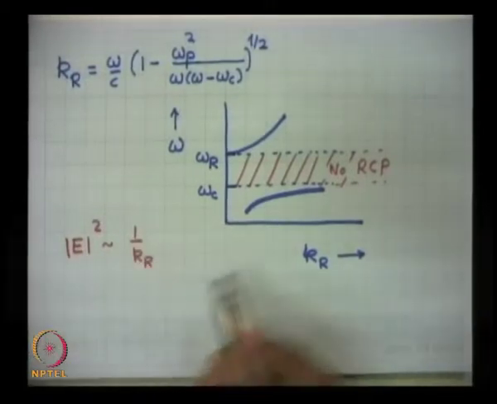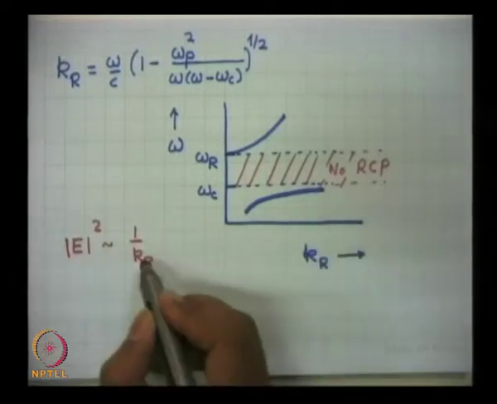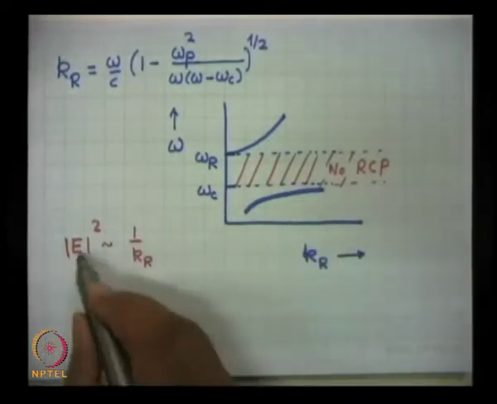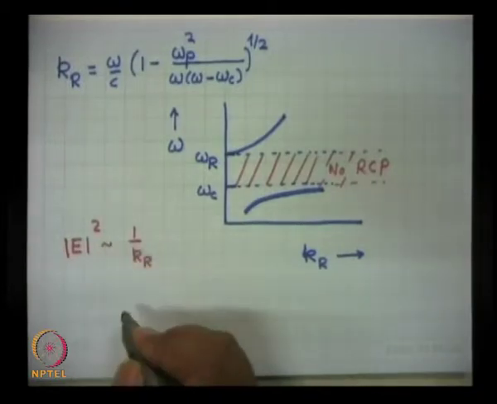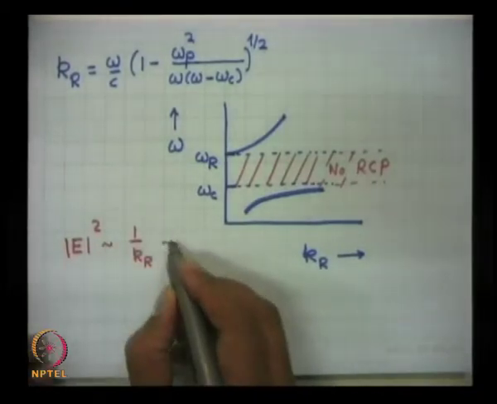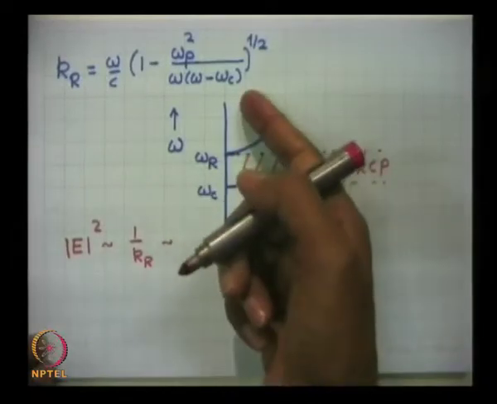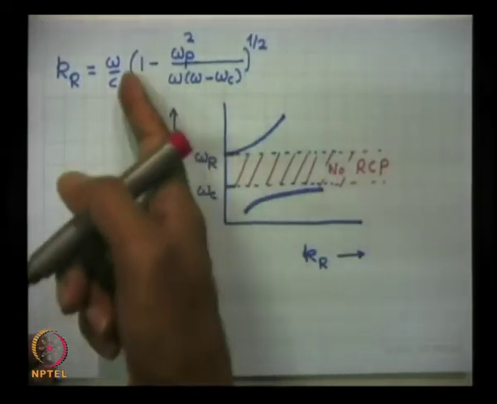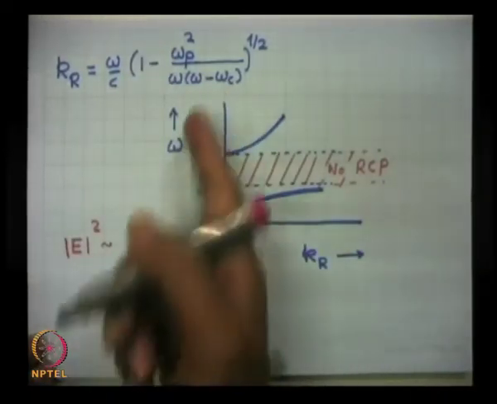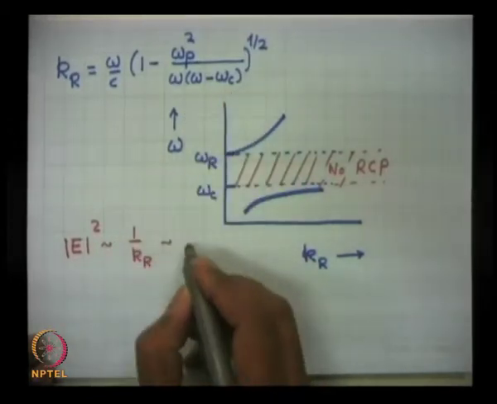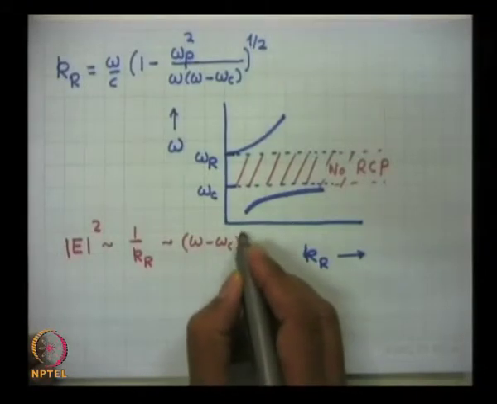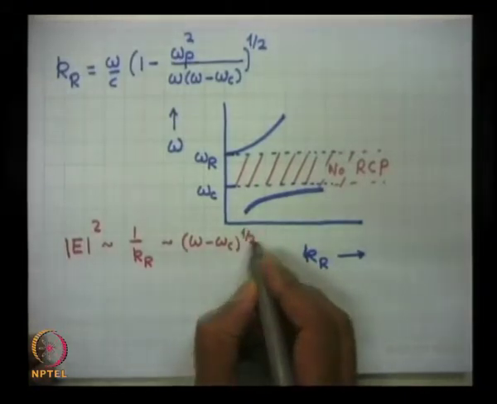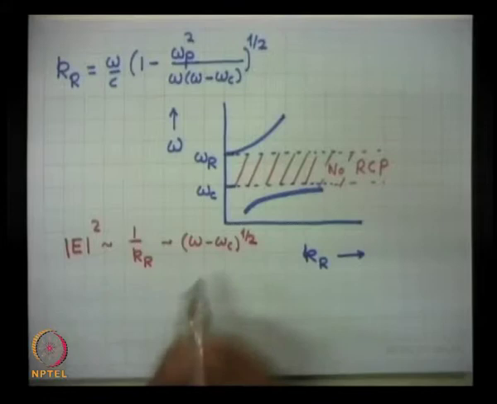So, around the resonance, k_r becomes very large, so this becomes small. If I ignore this 1, then k_r goes inversely as omega minus omega_c, so this goes as (omega minus omega_c) to the power half. So, E squared goes like this.